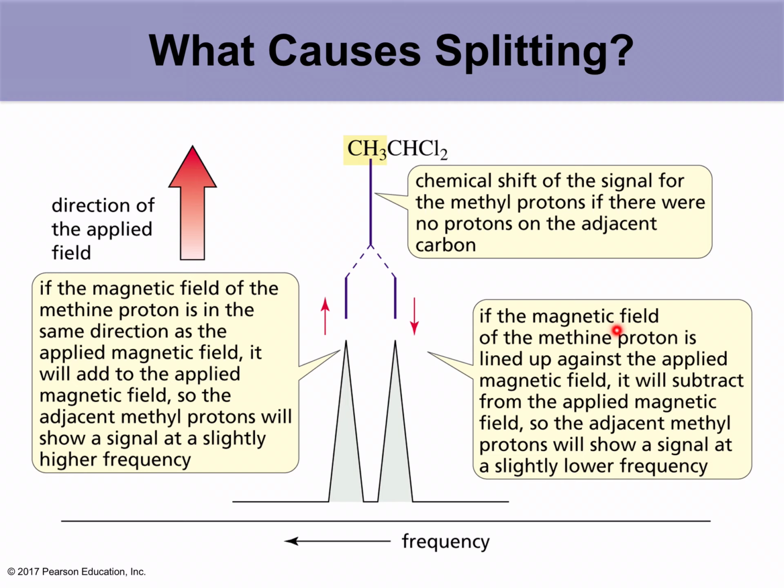Similarly, if the magnetic field of the methine proton is lined up against the applied magnetic field, it will subtract from the applied magnetic field. So the adjacent methyl protons will show a signal at a slightly lower frequency. So 2 possibilities are there. As a result, if you have just one adjacent hydrogen, it will split into a doublet, n plus 1, where n is the number of adjacent hydrogens. 1 plus 1, 2.